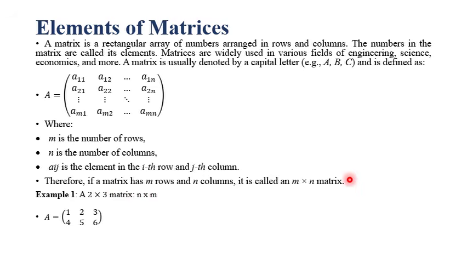So please, it is row first and then column. So this is not multiplication. It is just denoting the representation of this matrix as m by n. So a 2 by 3 matrix shows that the matrix has 2 rows and 3 columns.